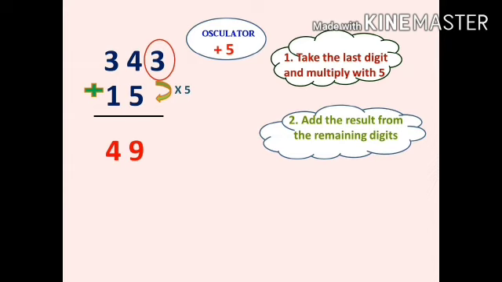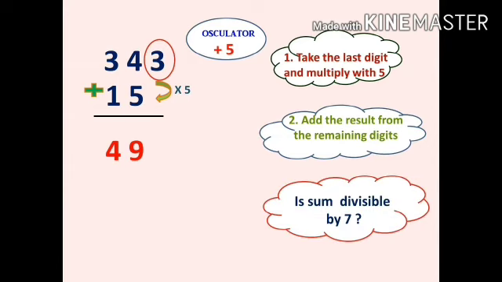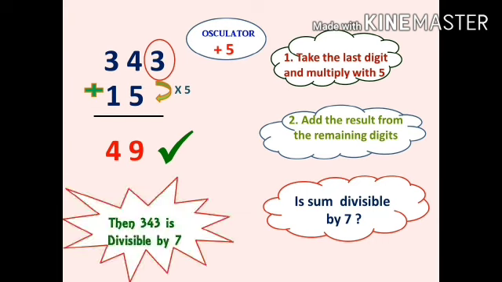Third, we check whether 49 is divisible by 7. Yes, 49 is divisible by 7, since 7 sevens are 49, so 343 is also divisible by 7. So there is no change in the method. If it is the positive oscillator method, you add. If you use the negative oscillator method, you subtract. The number tells you what to multiply the last digit by. You can use either method, whichever is convenient for you.